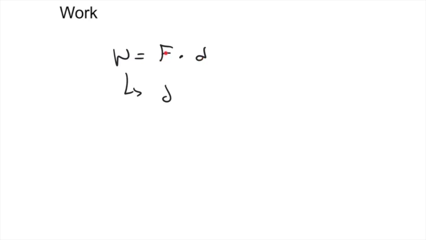So the more force, the more work, or at greater distance that the force is applied at constant force, the more work. And in terms of distance in chemistry, as I mentioned before, distance is determined by how much volume is expanded or contracted. The system either increases its volume, or increases its distance, or decreases its distance. And so this concept of D is applied to expanding or contracting gases.